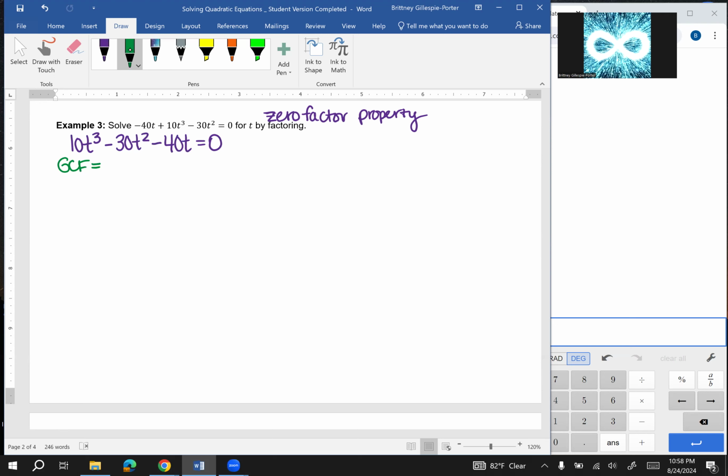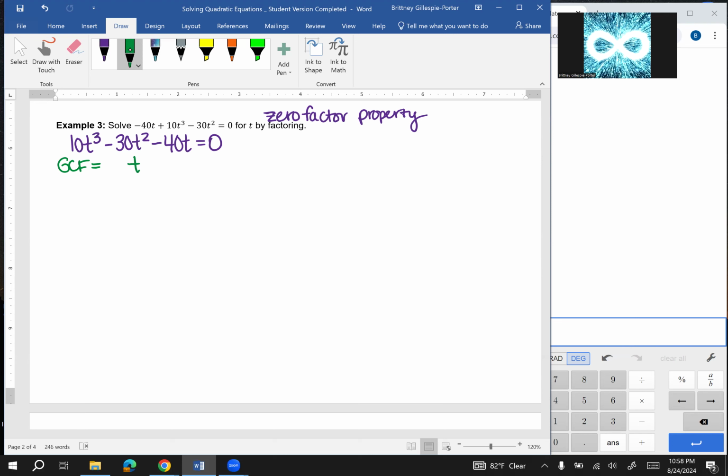So you look at each term. Does each term have a variable? In this case, yes. So we can include it in our GCF. If not every term had a variable, we would not include it in the GCF. We're going to have t to the first in our GCF because we can't go any higher.